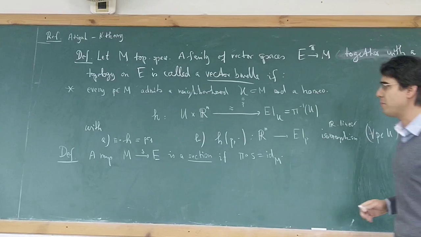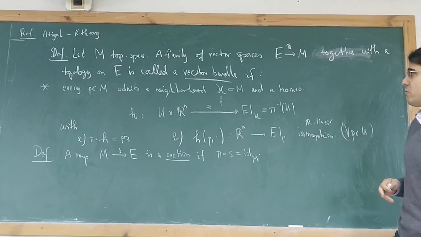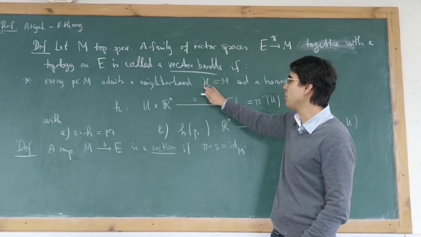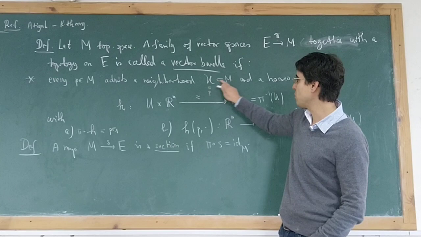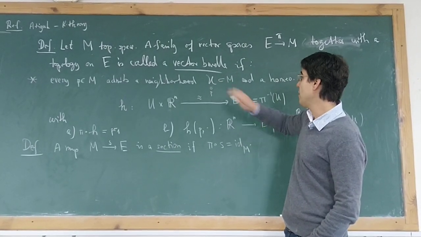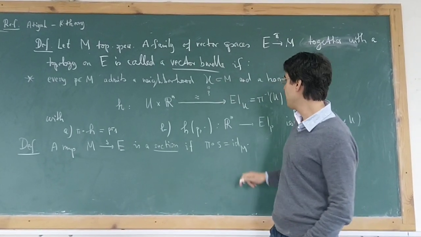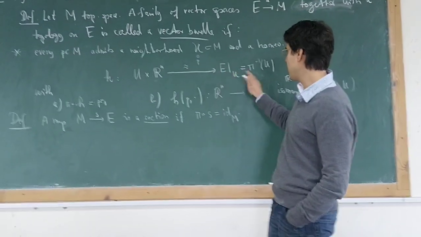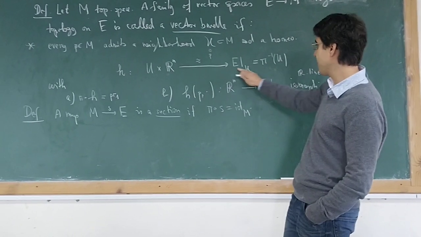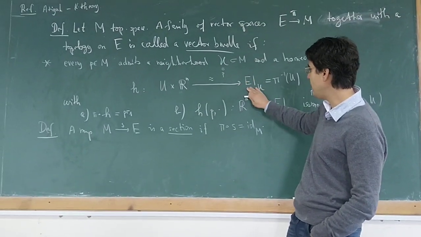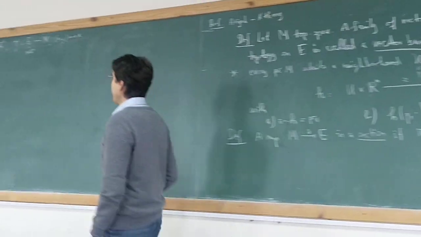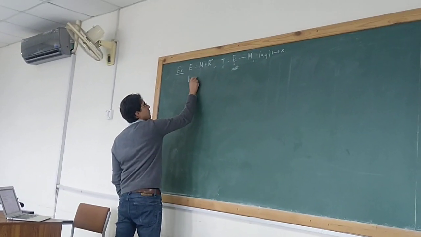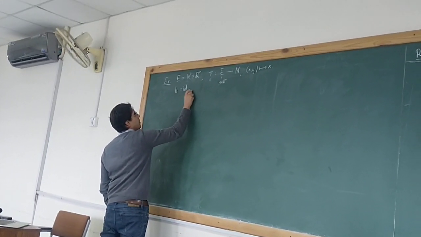Every point has some neighborhood U. Usually it's a very small neighborhood, but in this example, we can take U equal to the entire space M. We need to write down a homeomorphism from E restricted to M, so this is just E, because the inverse image of everything is everything, to M cross Rn, which is extremely simple here, because E is already M cross Rn, so this is simply the identity.